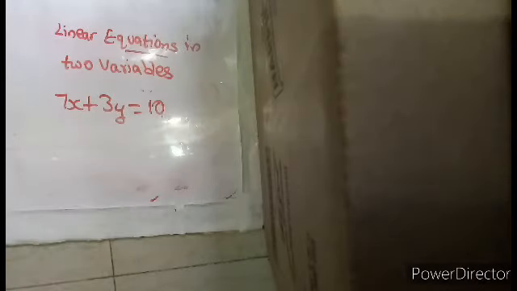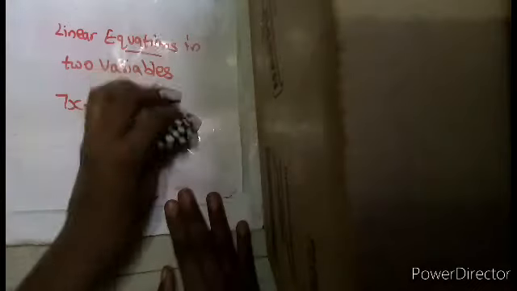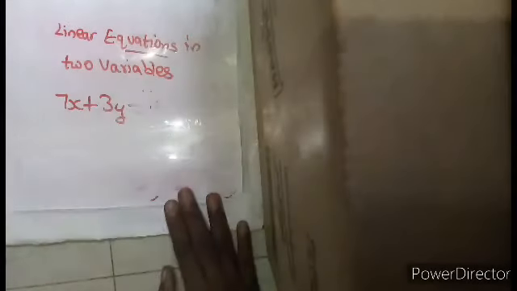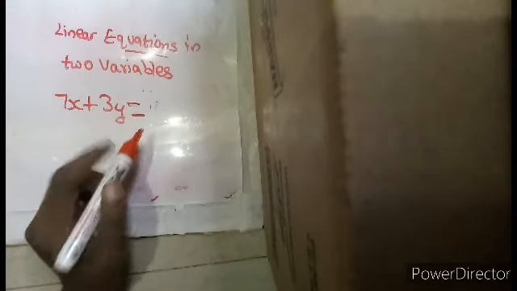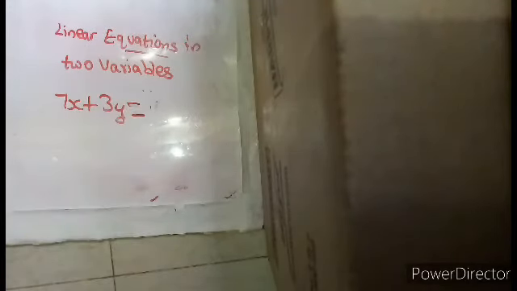Now if you are given something like 7x plus 3y equals 10, try to find one solution. Or if you are given 7x plus 3y is not equal to 10, let's remove that and add some other number. Suppose 7 into 1 and 3 into 2, so 7 plus 6.